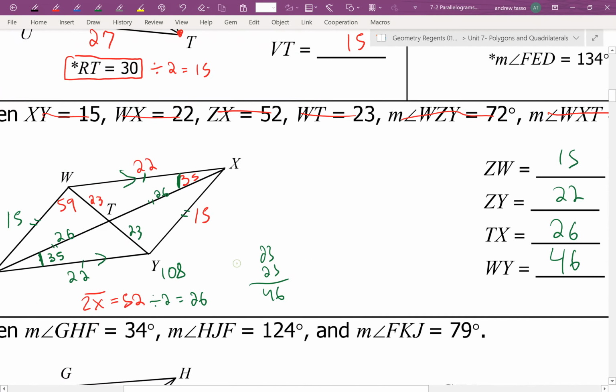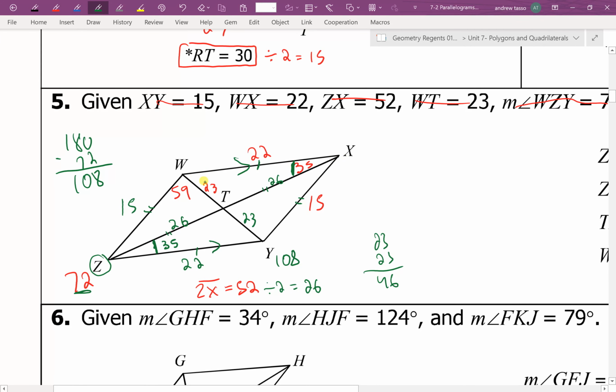Next, we're looking for XWT. XWT is located in this spot, all right? Well, let's think about how we could figure this one out. Here's the idea. If angle Y is 108, then angle W would also have to be 108, right? But we don't want angle W, we want just that portion that's on the right-hand side.